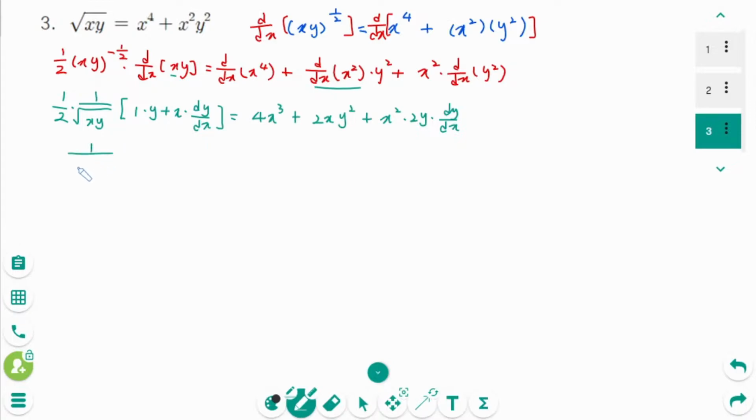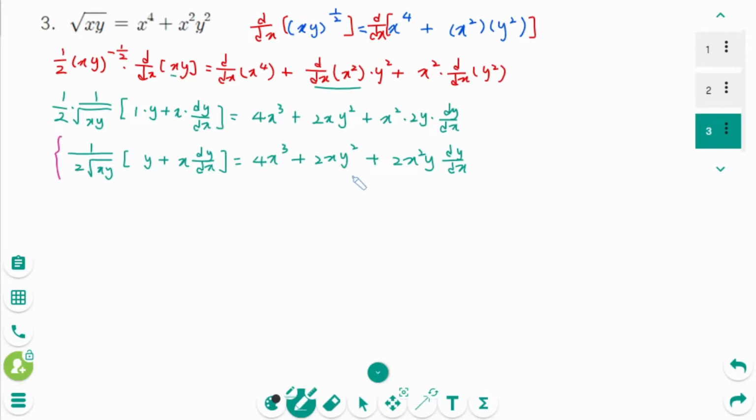Then 1 over 2 square root of xy times y plus x times dy/dx equals 4x cubed plus 2xy squared plus 2x squared y times dy/dx.